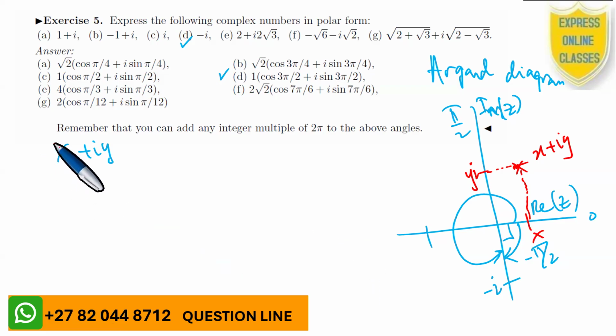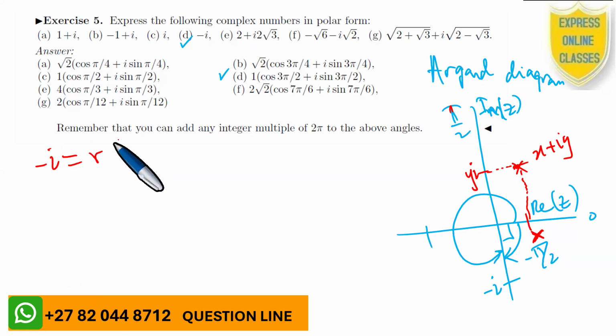So that then in the end, what you're then having here becomes the following. So now let us look at the complex number minus i.